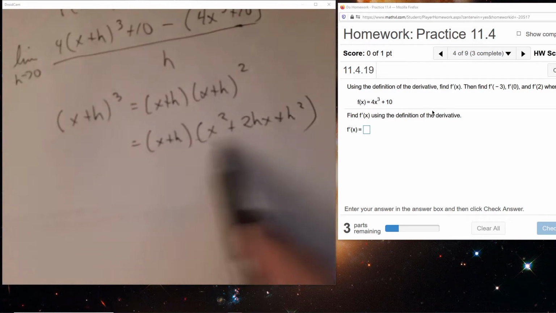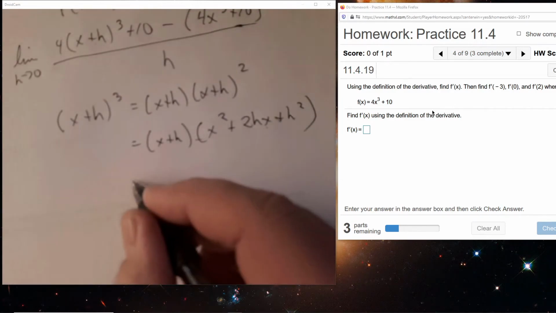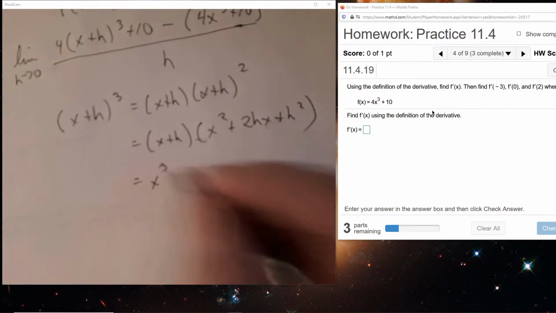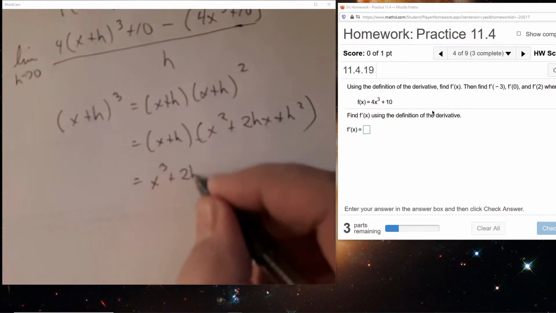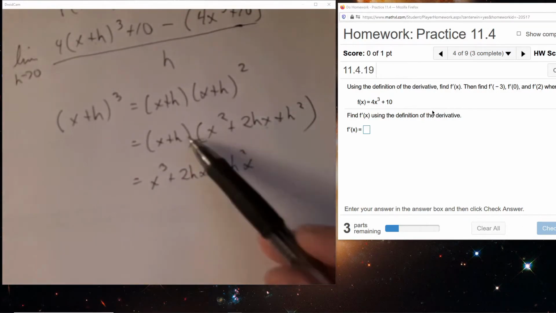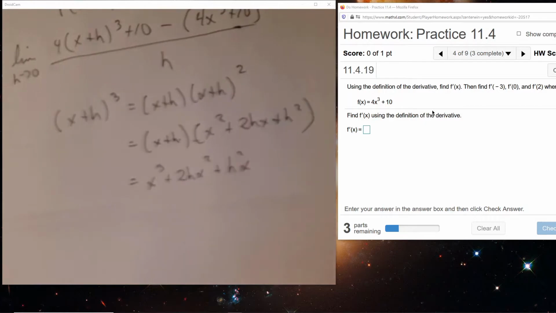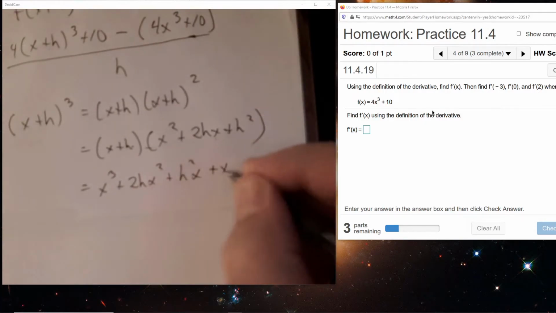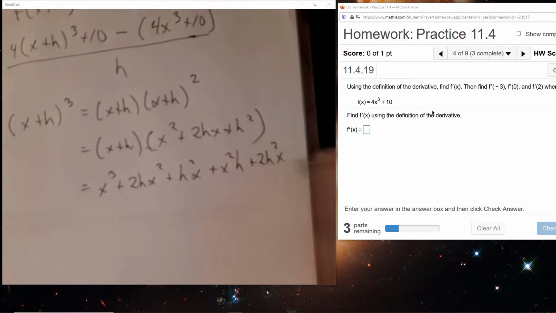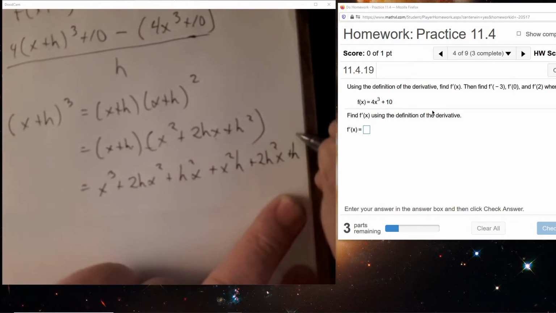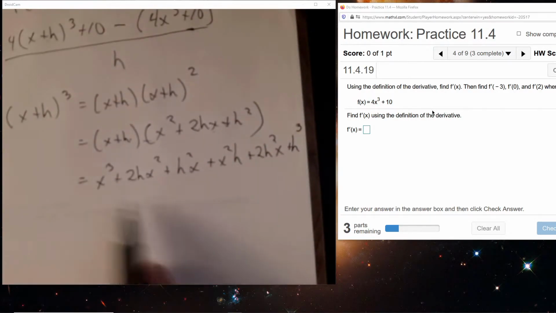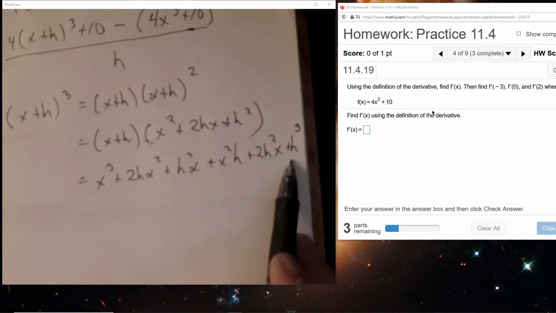And now we'll have to distribute all this out. So I'll distribute the x to everything. And now distribute the h to everything. And barely got it all in there. So there is x plus h cubed.